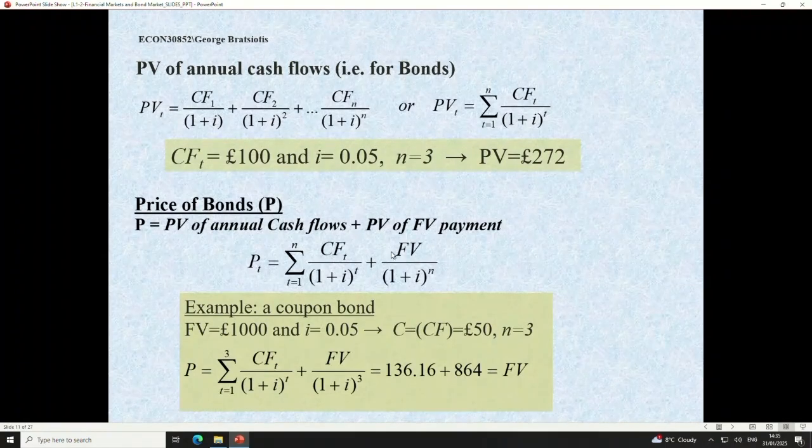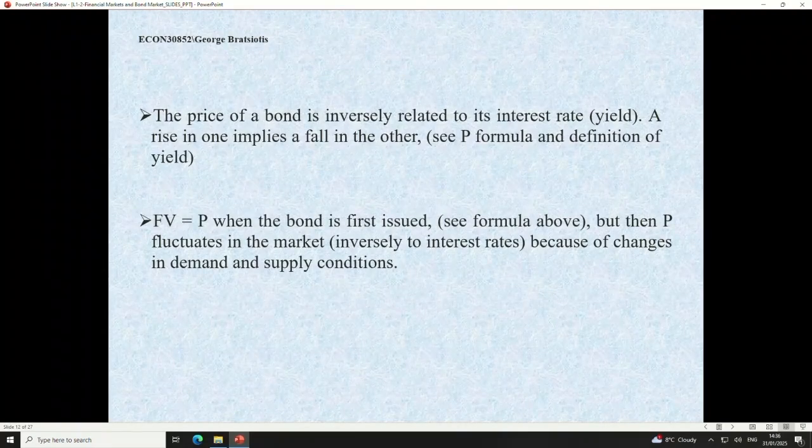If you solve for the yield to maturity, you understand that the price will come as a denominator. Even as you see it here, when this goes up, the price will go down. Throughout this course, we'll say that the price of a bond is inversely related to its interest rate, or the yield. A rise in one implies a fall in the other. And we've just checked this with the formula.